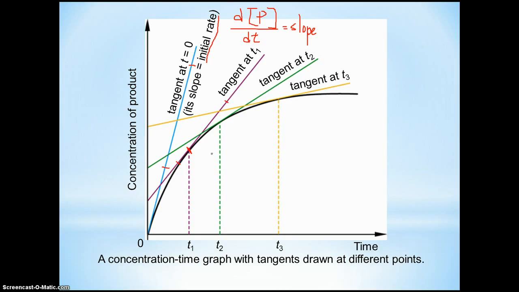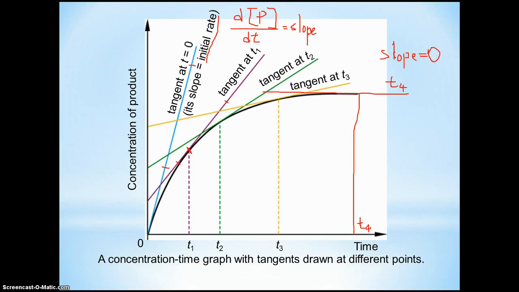And at the end, you'll notice the last point. If we draw a last tangent right here, t4, that means this is already the end of the chemical reaction. When we calculate at t4, the slope at this part will become 0.